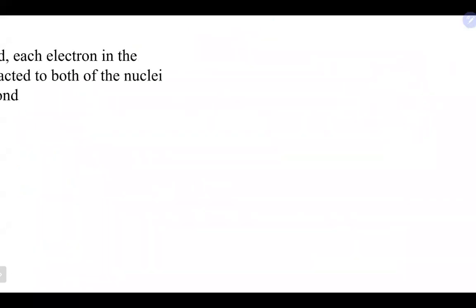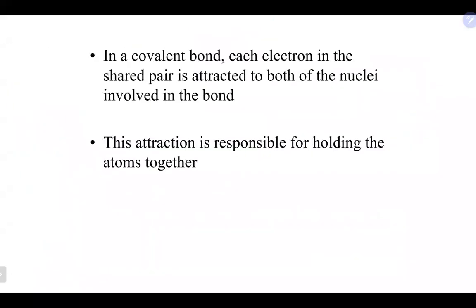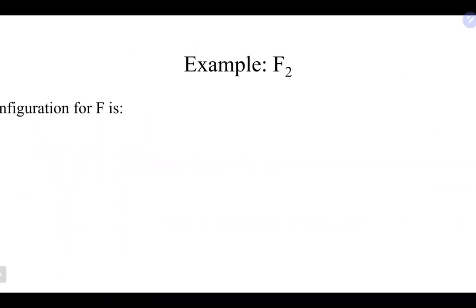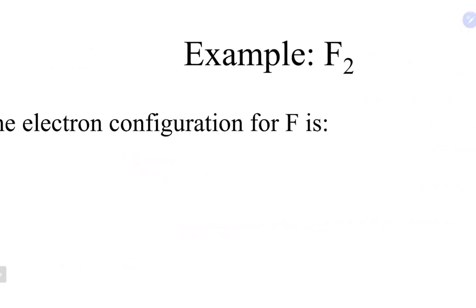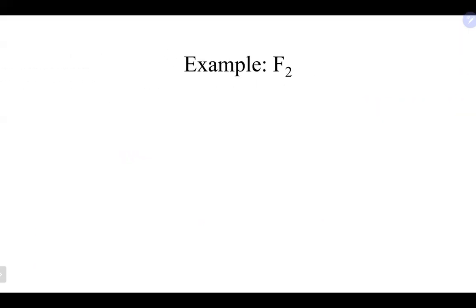So in a covalent bond, as I mentioned, it's really the mutual attraction between the shared electrons and the nucleus that locks everybody into place. If we look at an example of fluorine here, fluorine, which is group 7, has 7 valence electrons.